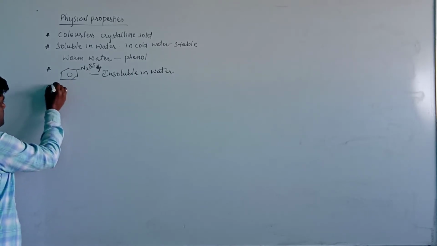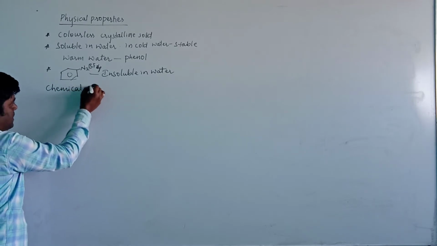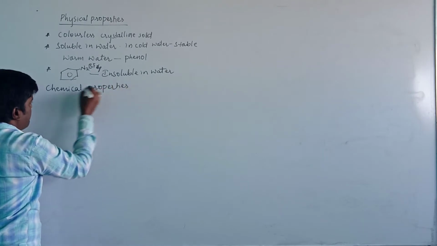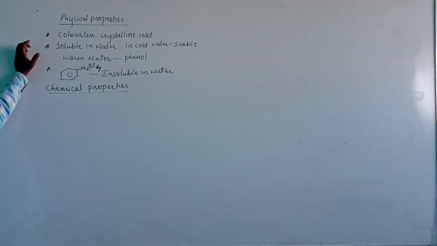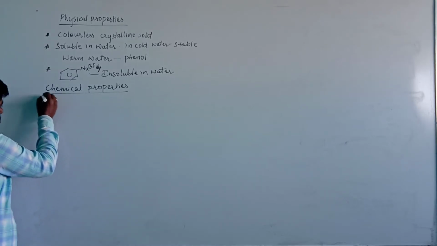Then let us take the chemical properties of diazonium salt. The chemical properties are mainly divided into two groups.